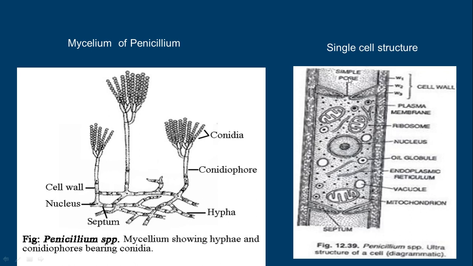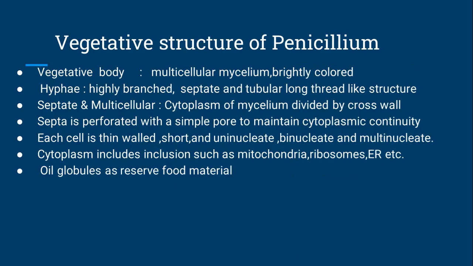The cytoplasm from one cell can easily migrate to another cell through the simple pores. Next, each cell is thin walled, short, and in an early condition it is uninucleate, then it becomes binucleate, and later on a multinucleate condition will be there.